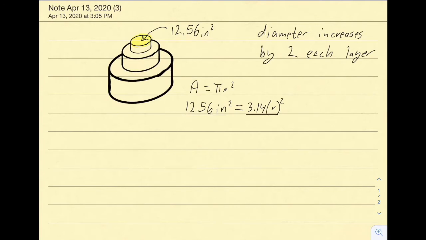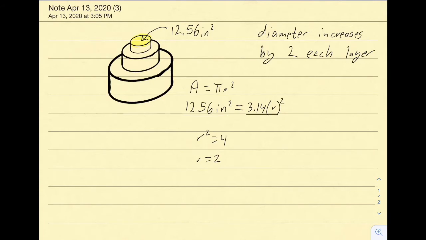So we get that r squared, I'm going to switch the sides here, and I need to pull out my calculator. All right, so now we're ready to get r squared, which is going to be 4. So if r squared is 4, the radius is 2.